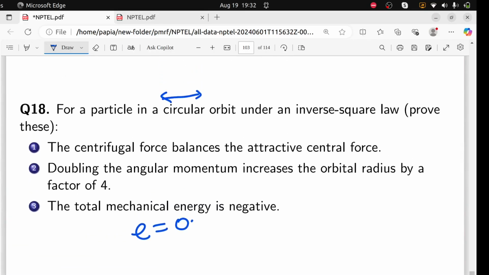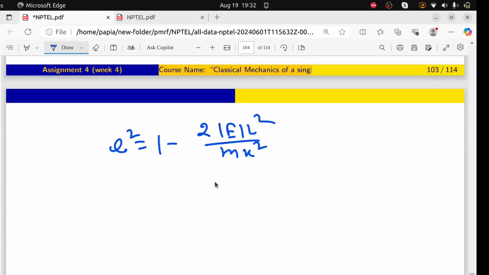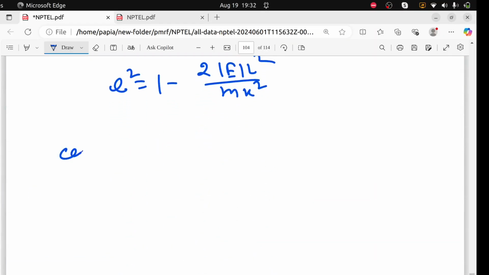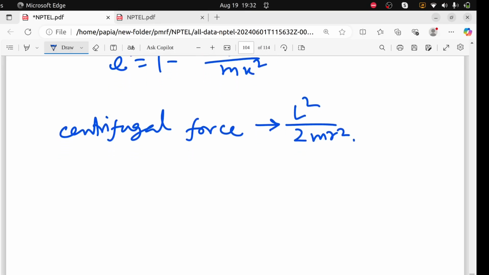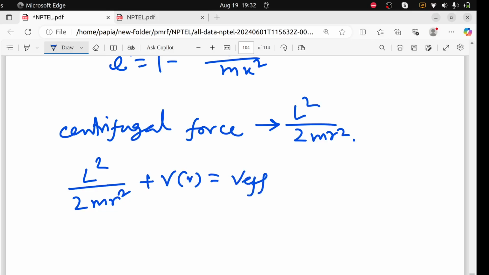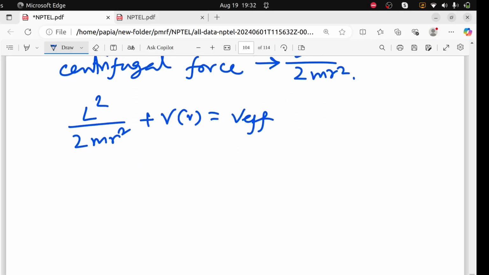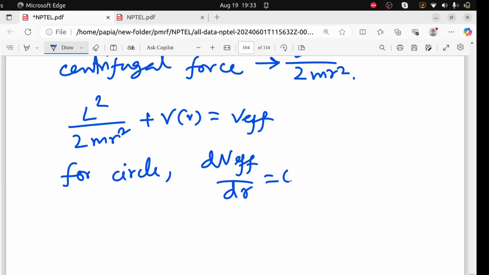And one thing is the centrifugal force. What is centrifugal force? It is L square by 2m r square. Okay? And L square by 2m r square plus V of r is V effective. So for circular motion, dV effective by dr equals to 0.